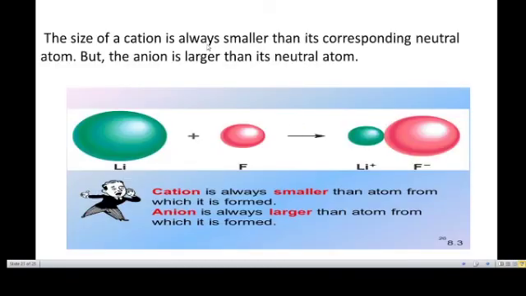The size of a cation is always smaller than its corresponding neutral atom, but the anion is larger than its neutral atom. So this is an important point.